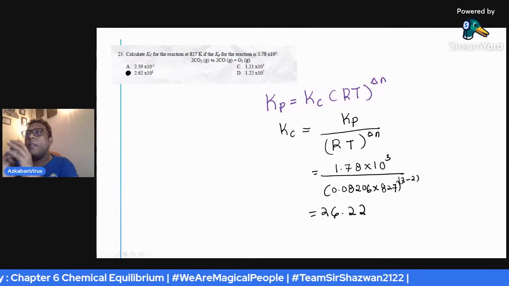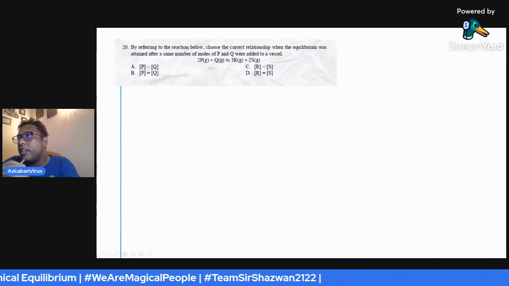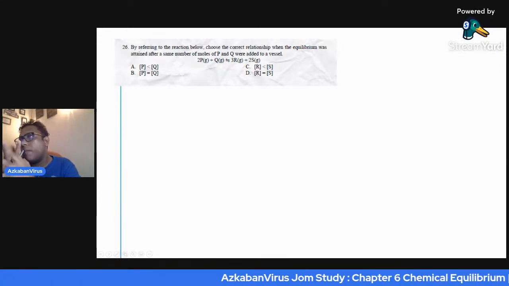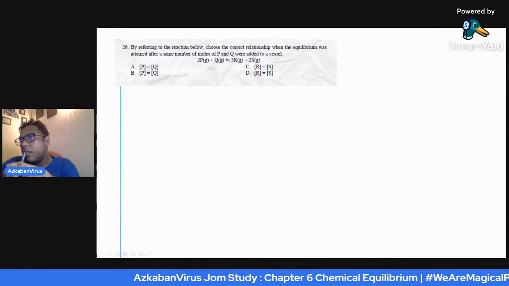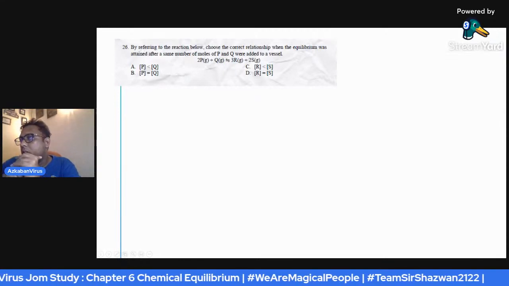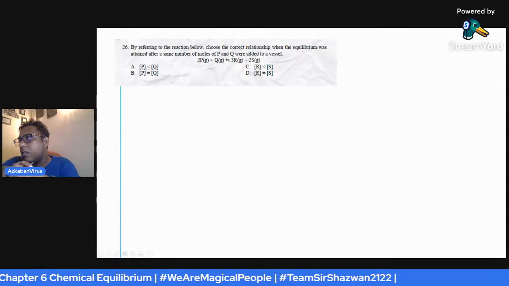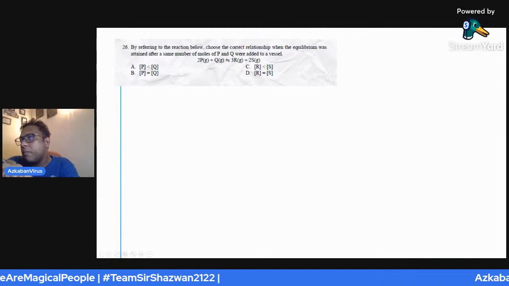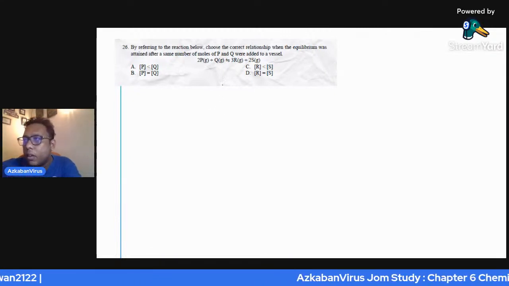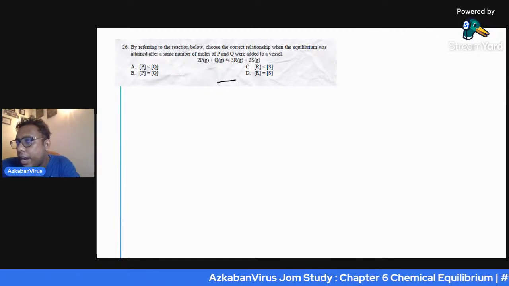Next one. By referring to the reaction below, choose the correct relationship when the equilibrium was attained after some mole of P and Q were added to the vessel. So, when you add P and Q to the vessel, dia akan shift to the right.